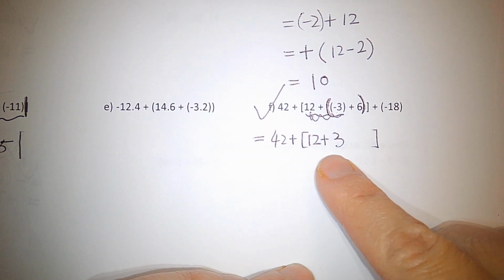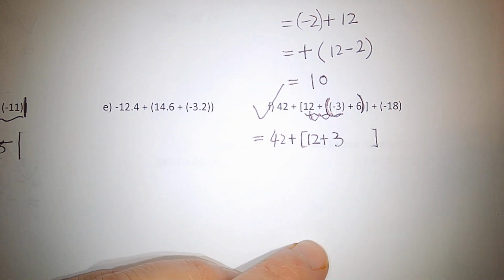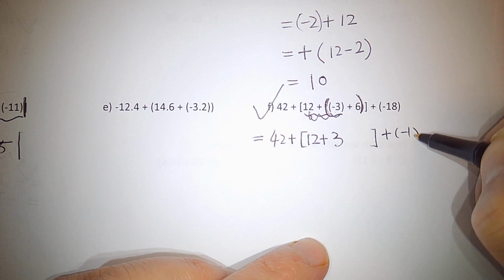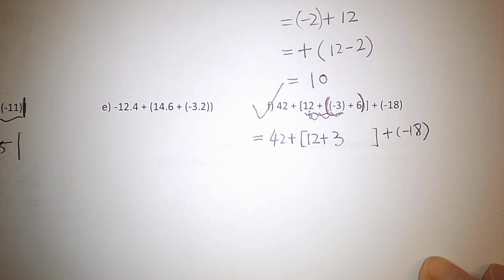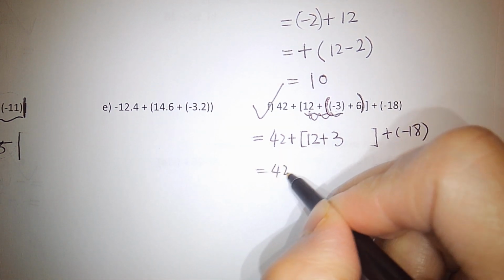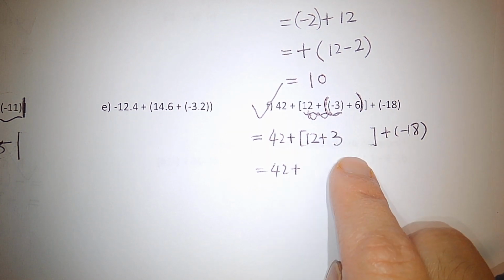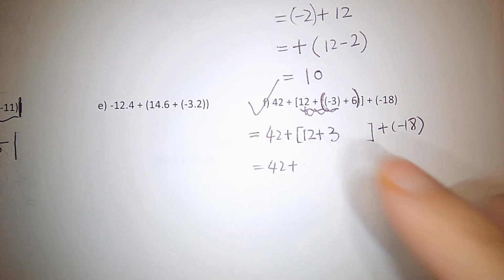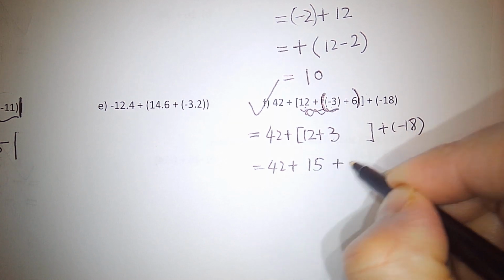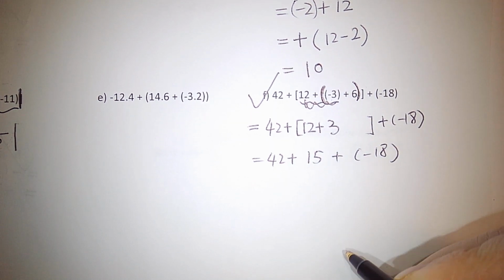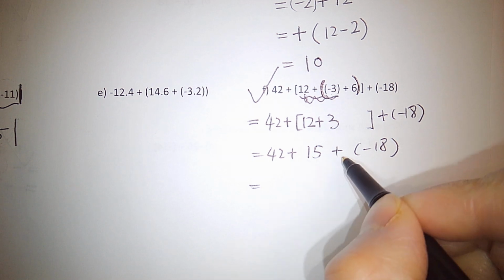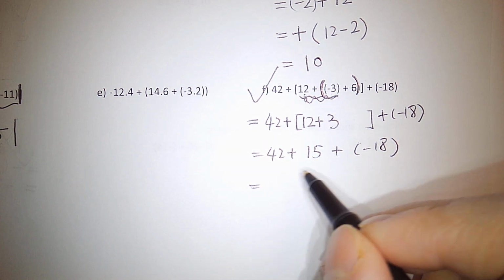Okay, so this is inside of the bracket. We're adding the negative 18 there. The bracket has the same function as parentheses. So 12 plus 3 gives us 15, and plus negative 18. Addition, no parentheses, just addition.